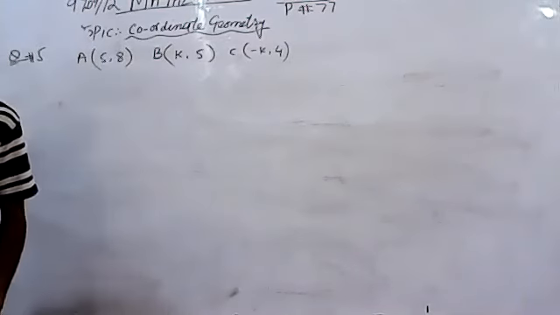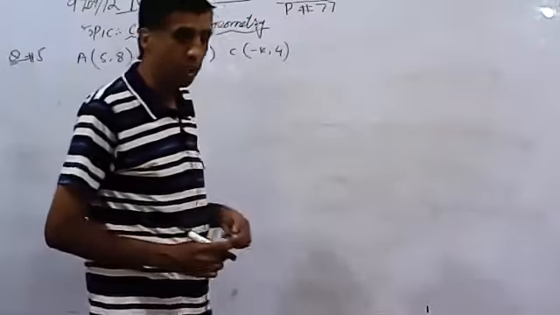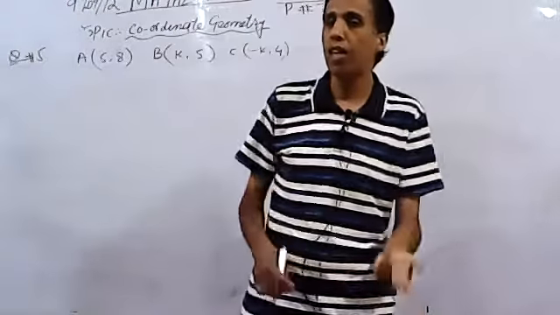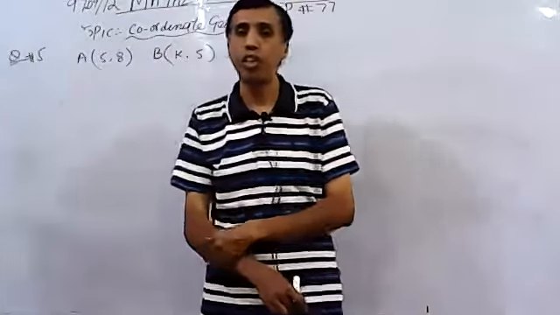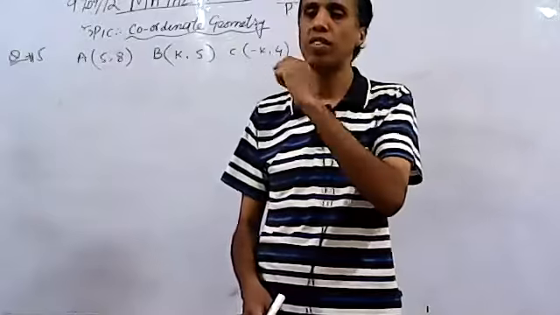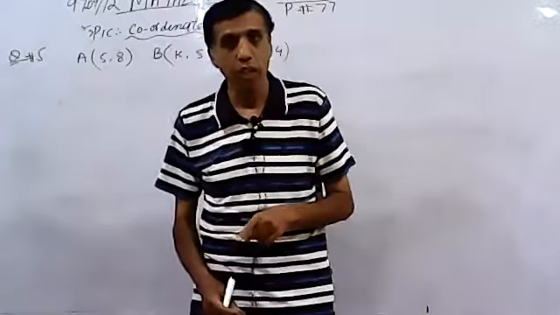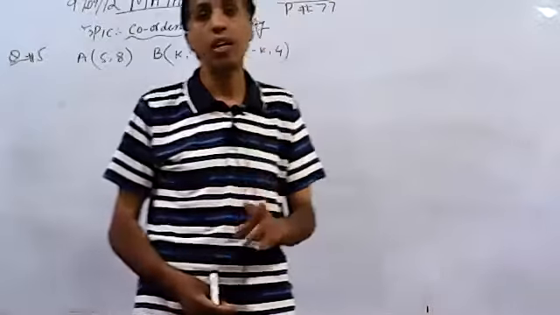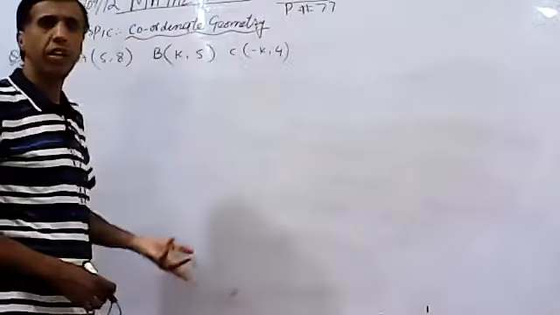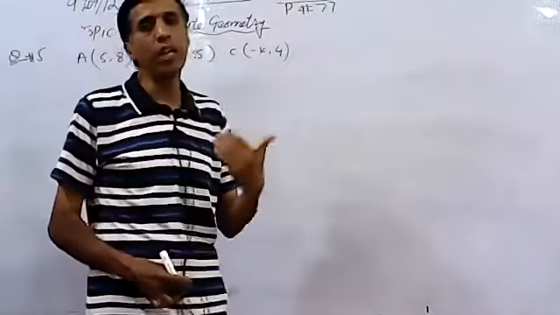We have to find the value of k if A, B, C are collinear. In the earlier question, I have told you collinear means all the points lie on the same line. If the points lie on the same line, their gradients are same. So we will get the gradient of any 2 points and we will keep them equal to get the value of the unknown.